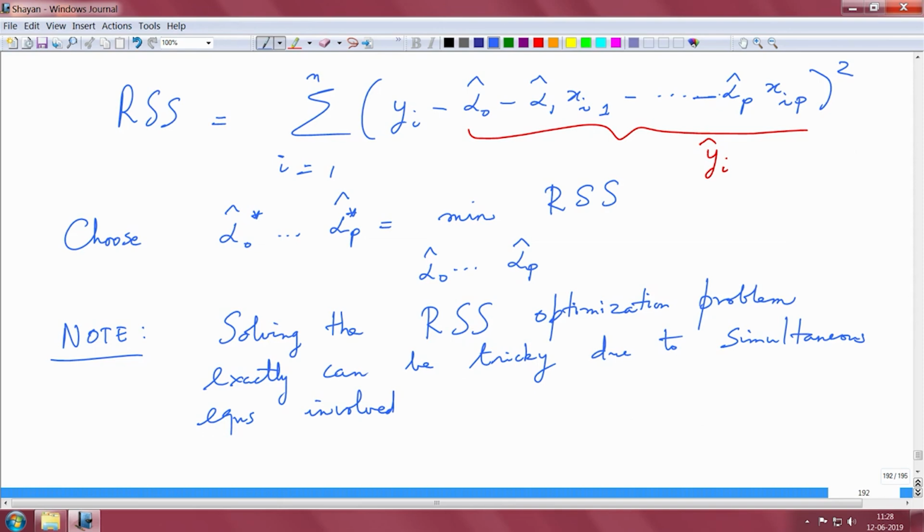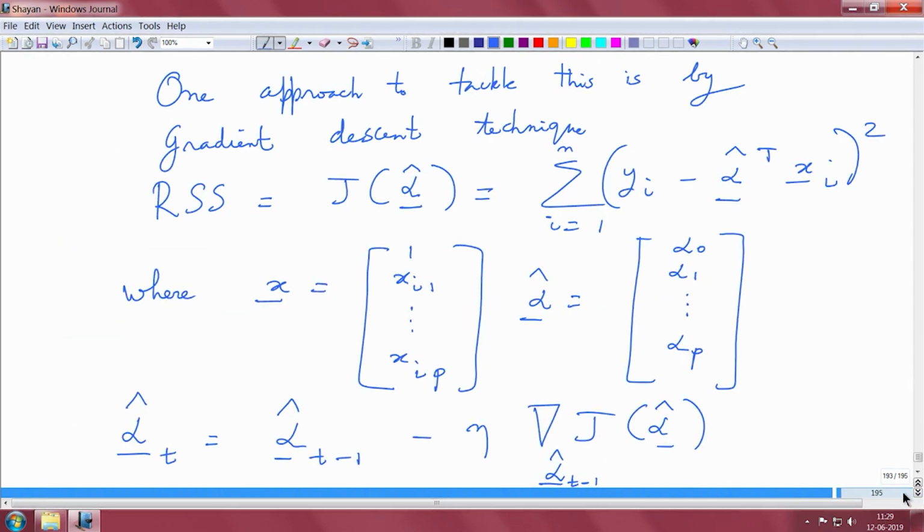We do not want to proceed in this direction because sometimes the number of parameters in practical examples can be 20 variables, 25 variables, and it is impossible to set all the derivatives with respect to these 25 variables and then solve this problem. So what we do is follow the popular gradient descent approach towards solving this problem.